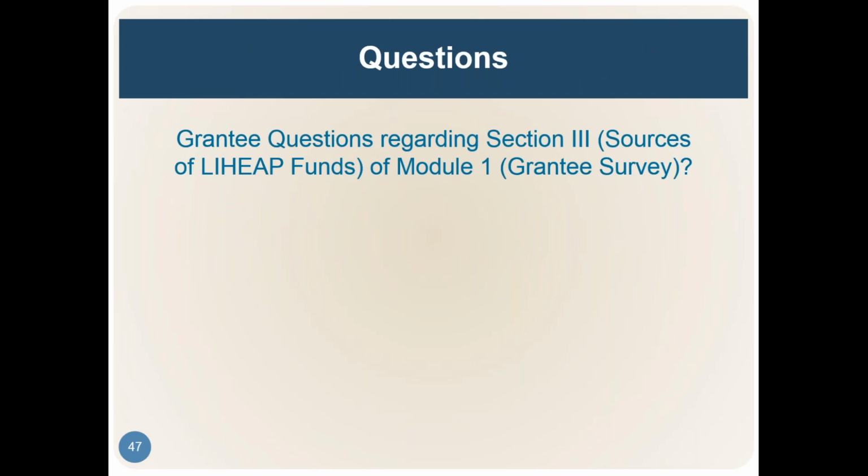We're going to pause here and see if there are any questions that we can take before we continue. We are going to have another question break later on. I did see a question about the pre-population issue.